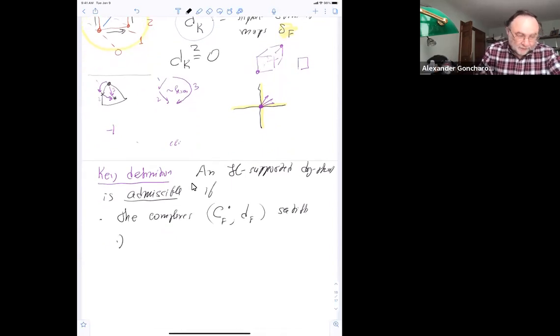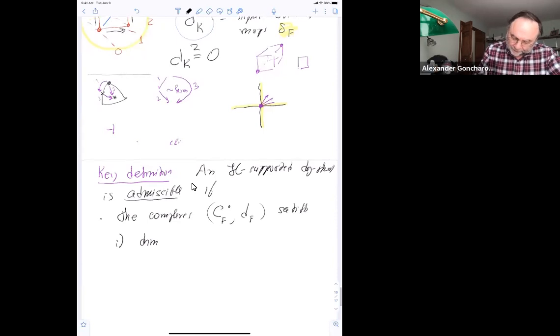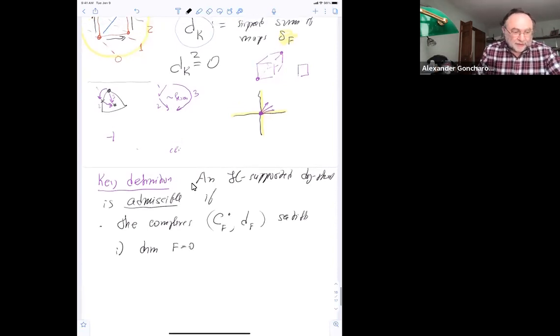First of all, if the dimension of the face is 0, which means it's a vertex, then this complex can be concentrated in two degrees, and these degrees are 0 and 1.